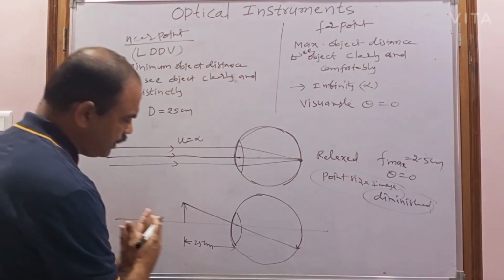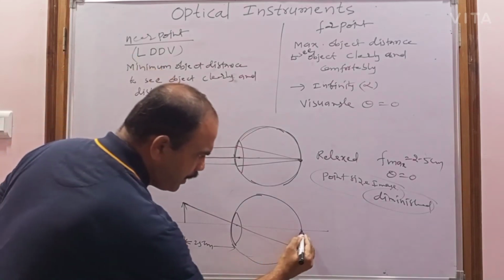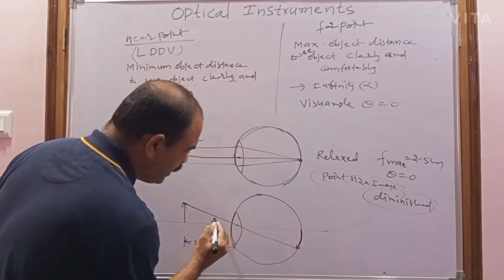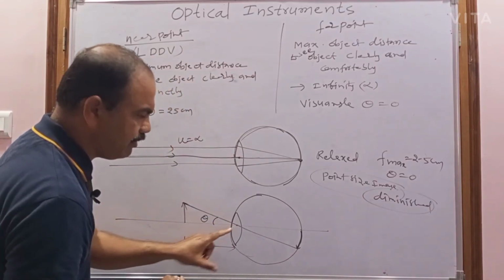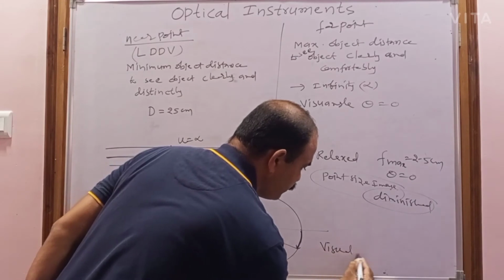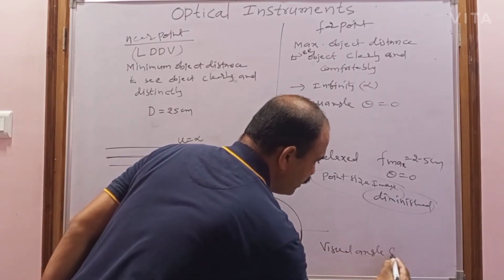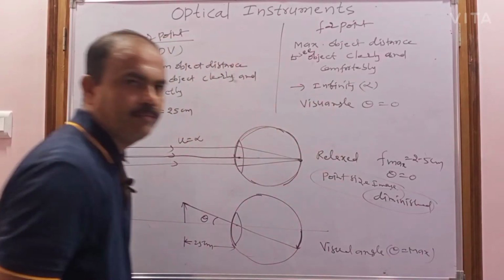But when the object is kept at 25 centimeter, what happens? The size of the image increases, and the angle made by the object at our eye becomes maximum. Now the visual angle theta becomes maximum.